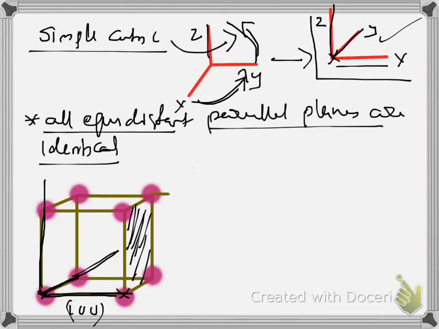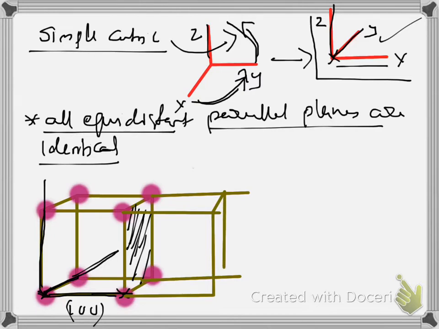Now suppose this is a single unit cell, but in a crystal lattice the situation is different. There you have lots of unit cells side by side and up and down. This is the second unit cell. Here you consider this unit cell. So this is our origin.